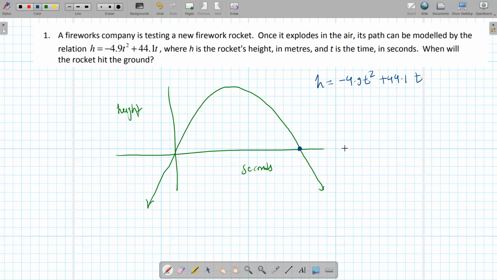What can we pull out? T. Right, and what are we left with in the bracket if we pull out a t? Negative 4.9t plus 44.1. Yeah, good. So now where are the x-intercepts for this expression, or how do we find them if it's not visible?